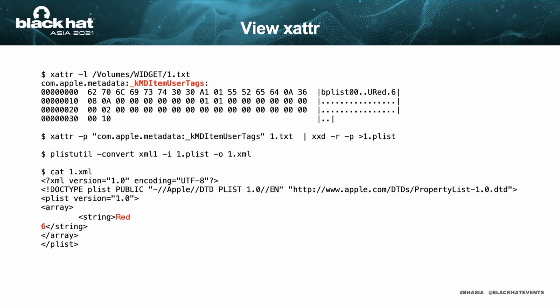I noticed that the attribute content has a bplist header, which looks much like a plist file. We can dump the content into a human-readable XML file through the following commands. You can find a string with the content red6 in the XML. Okay, that's the reason. The Finder will display a red mark next to the file based on this information.